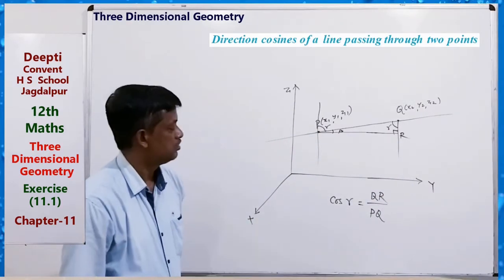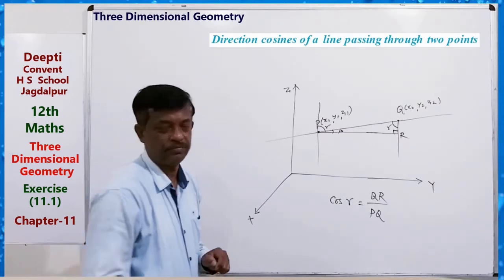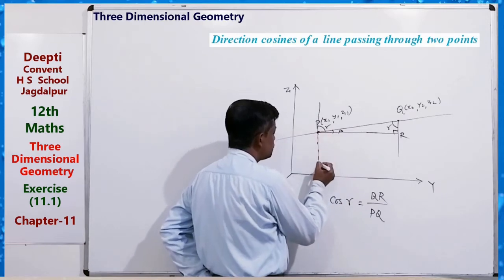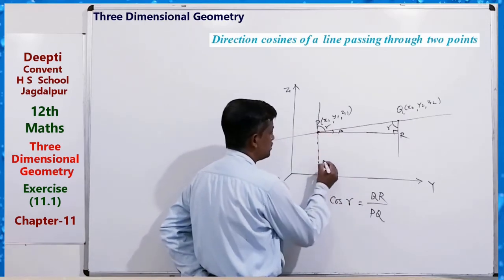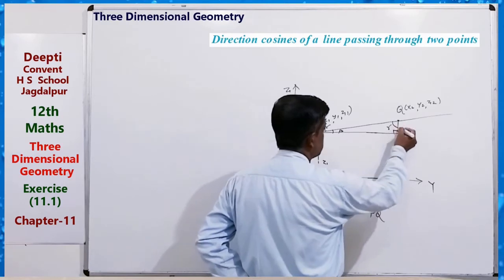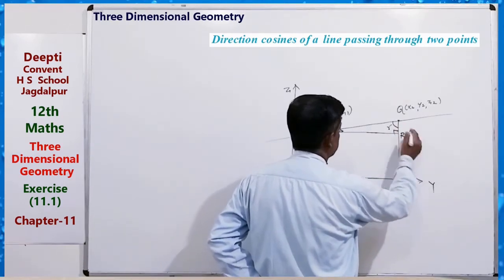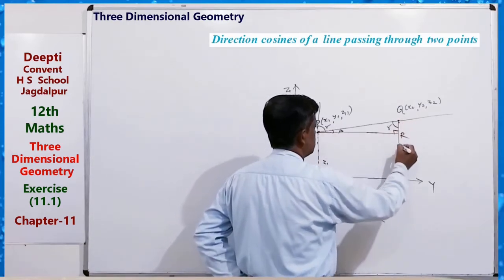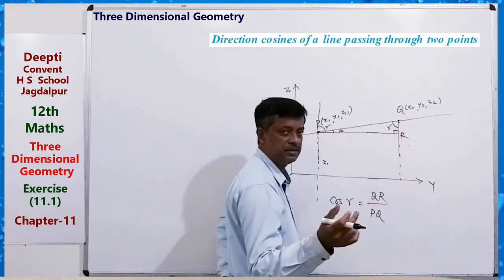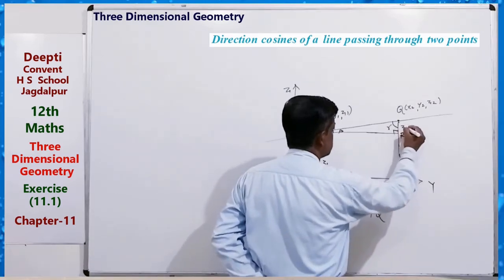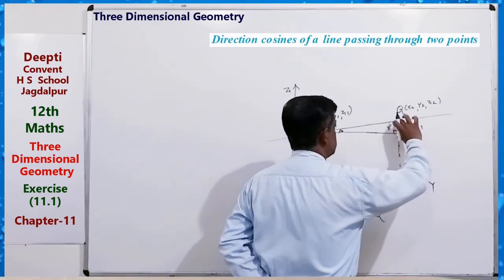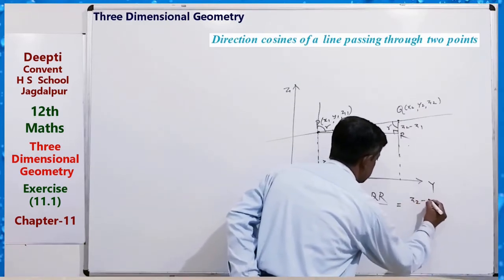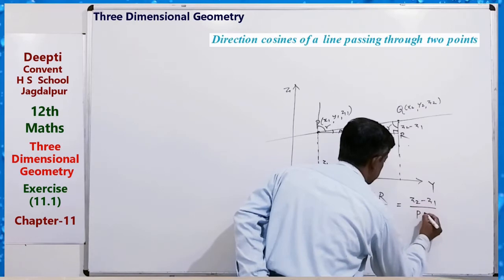Cos gamma. Now QR means, for this point, this value is z1, and this value is z2. So this distance is z2 minus z1. So z2 minus z1 upon PQ.